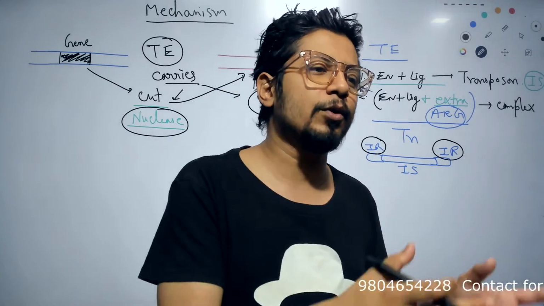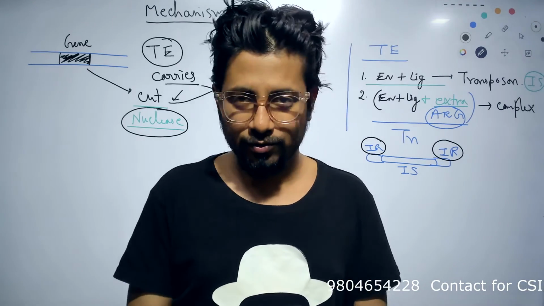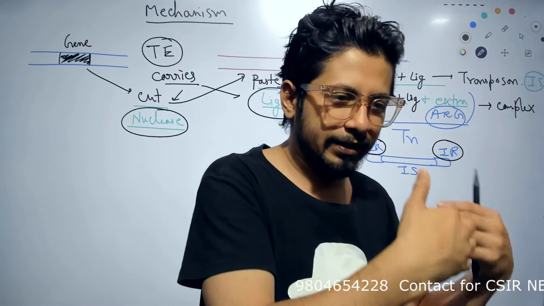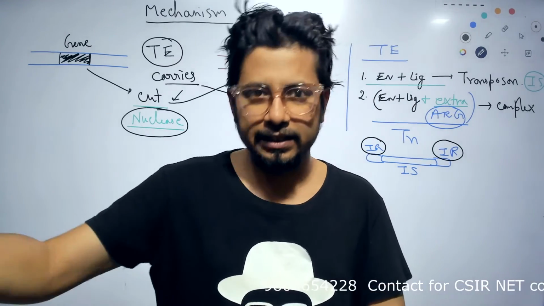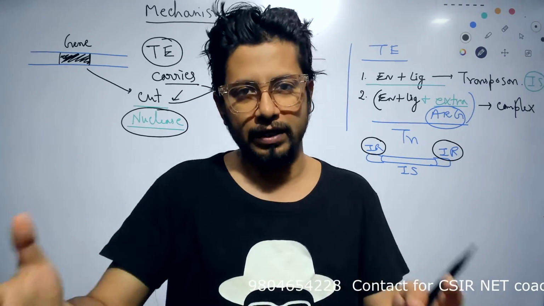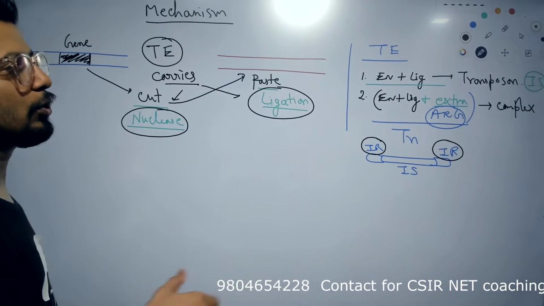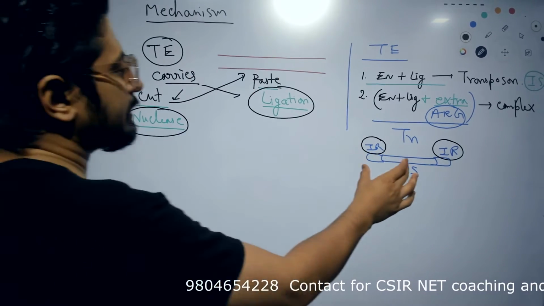If I tell you to locate a transposable element in a whole genome, you should always try to find repetitive sequences. And whenever you find a repetitive sequence in huge amount, generally that area is where transposable elements are present. Okay, that is another very important clue to find transposable elements out there. Okay, this is IS elements.